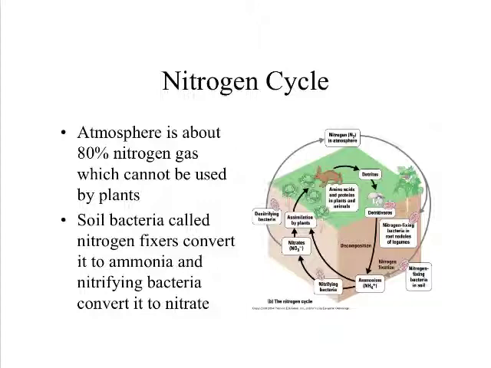So it's very important that we have these soil bacteria that are going to be taking the nitrogen from the atmosphere and converting it to a chemical form that plants can actually use.